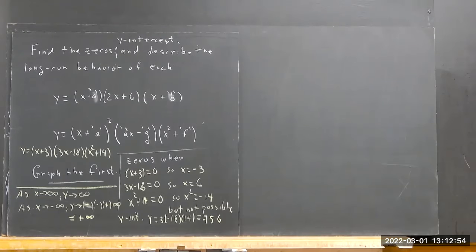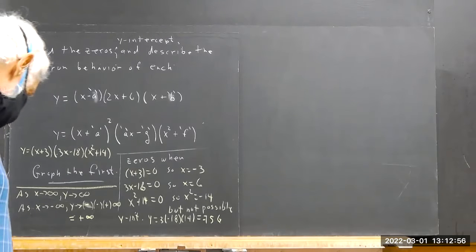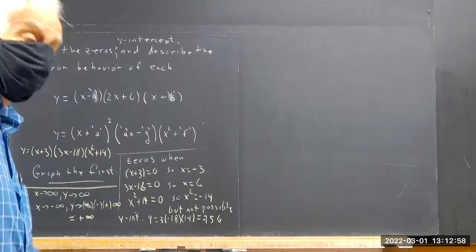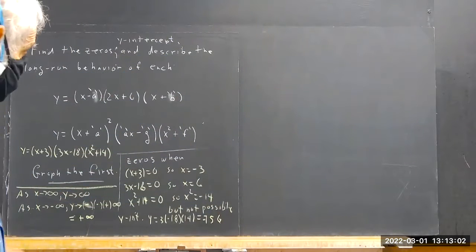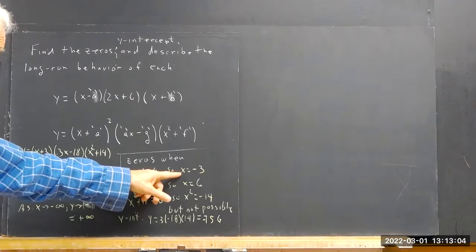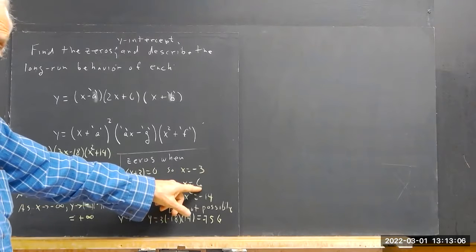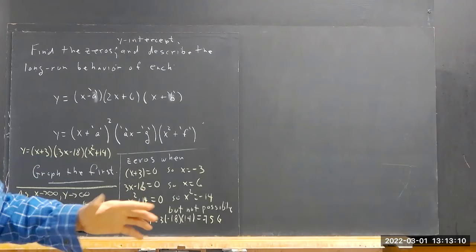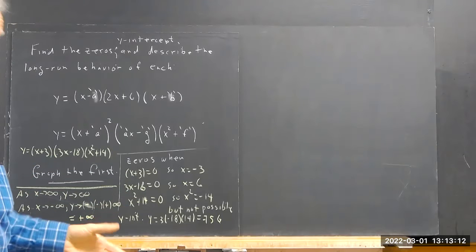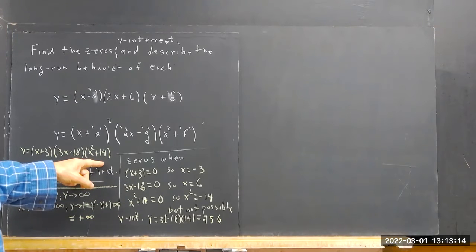Okay, now a number of people are drawing a graph with 3 zeros when it goes like this. But there aren't 3 zeros. X equals negative 3 is a 0, X equals 6 is a 0, and X squared plus 14 can't be 0. X squared plus 14 doesn't give you 0.